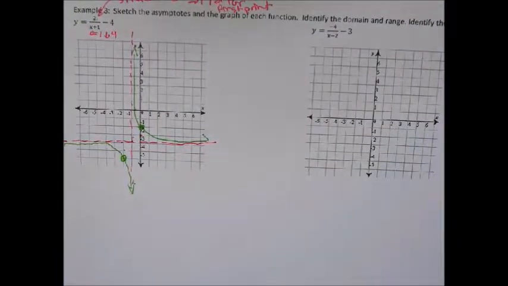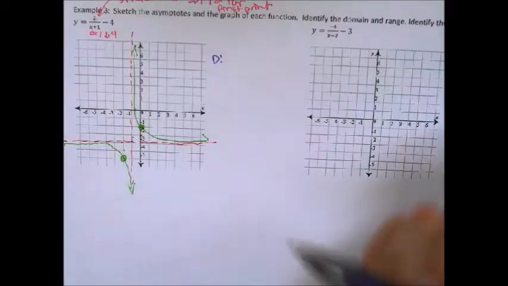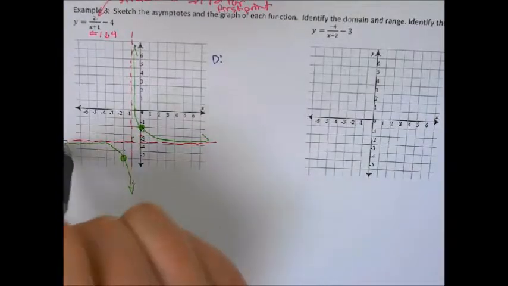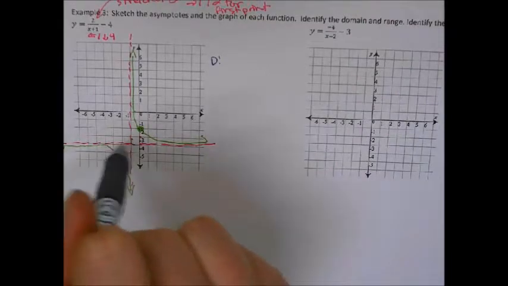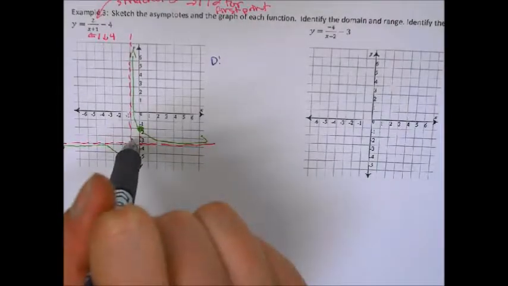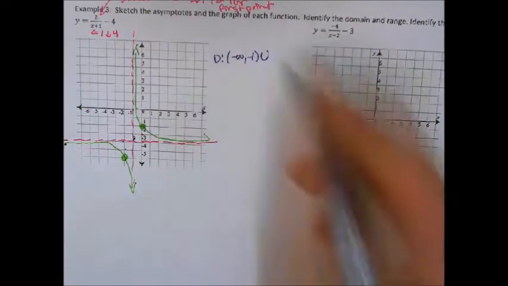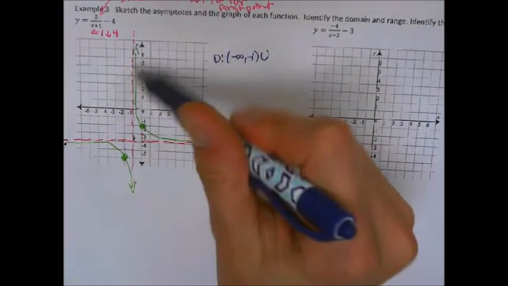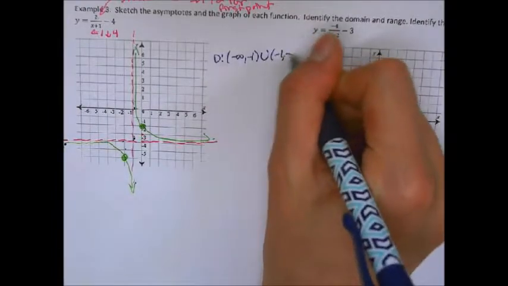So let's do domain and range. Domain for this first chunk, we're starting at negative infinity, and then our x's stop at negative 1. And then it looks like for this chunk, they pick back up at negative 1 and go to positive infinity.